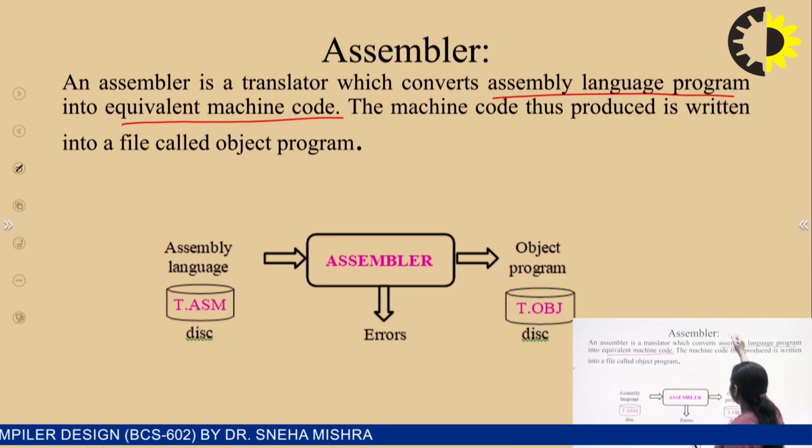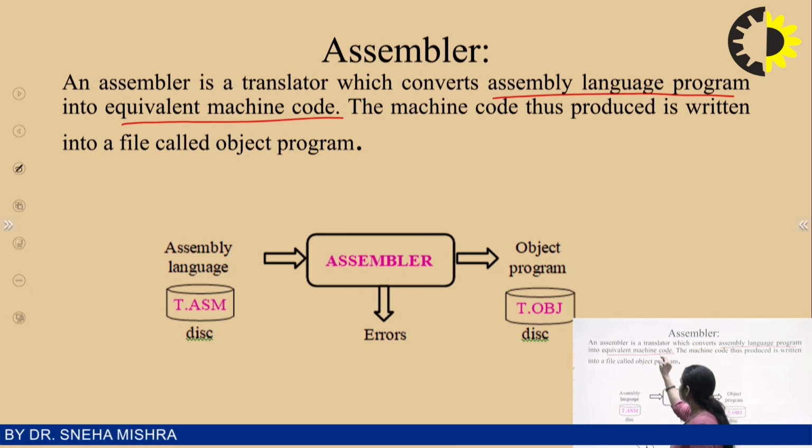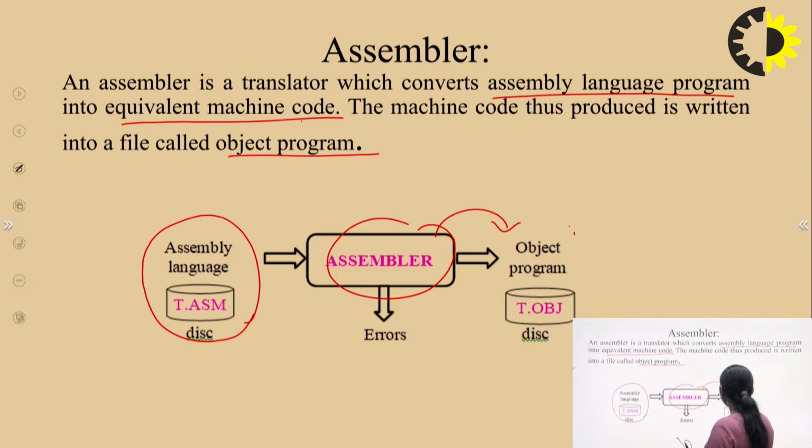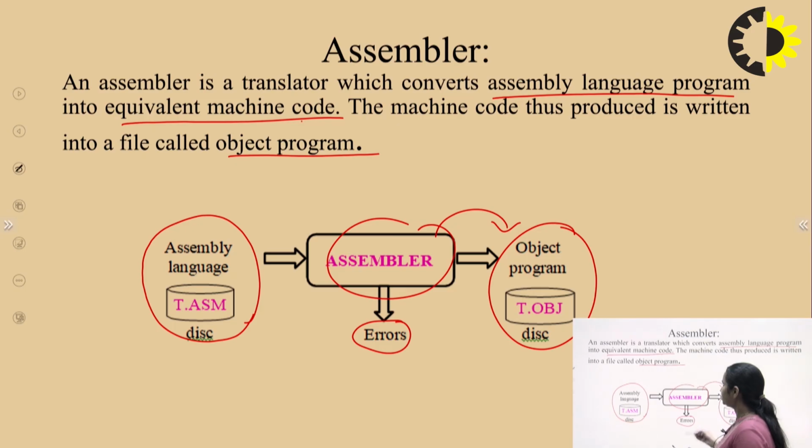There it was the target program, but here it is the assembly language program that is converted into machine code. The machine code thus produced is written into a file called the object program. Here you can see in the block diagram, the assembly language is converted by the assembler to the object program, right? If there is an error, an error message is generated. So this is the assembler.